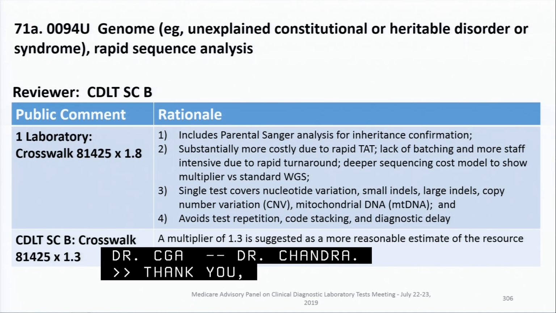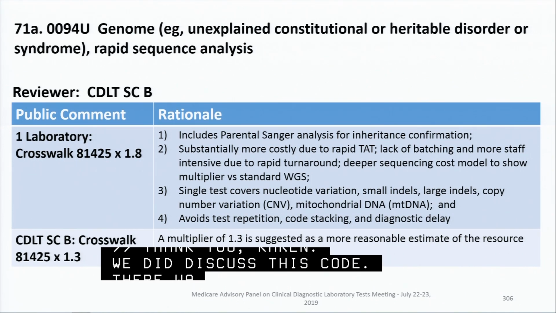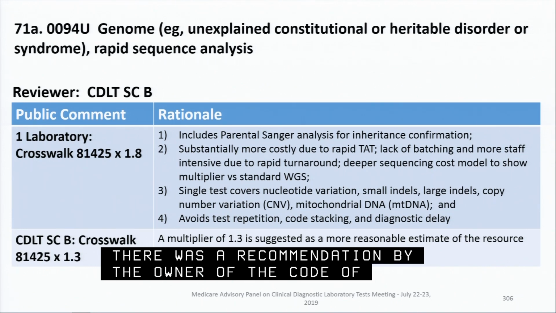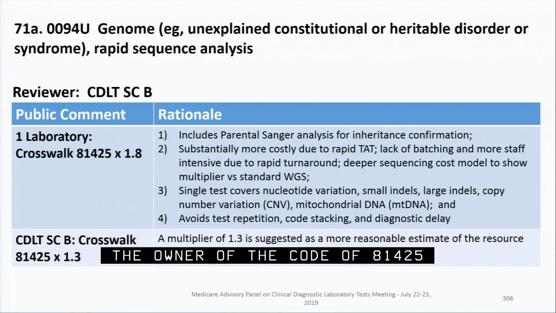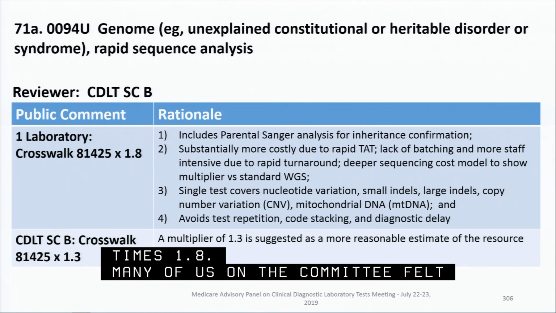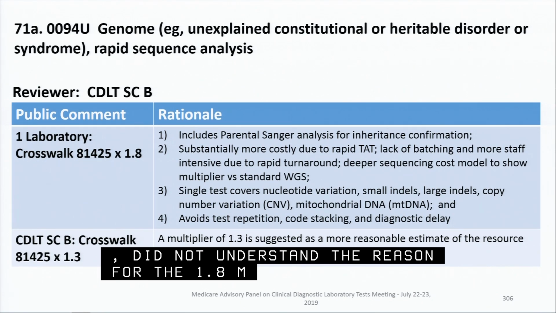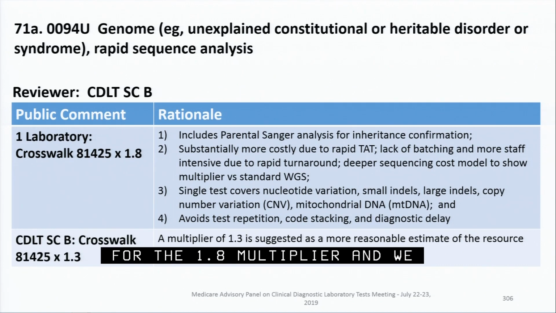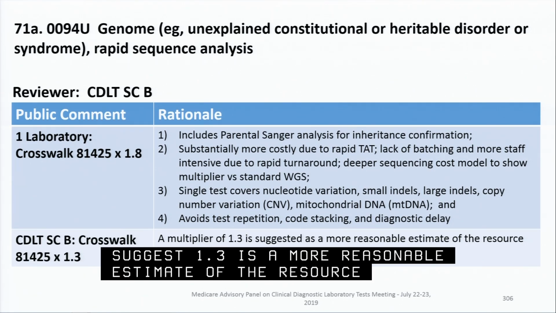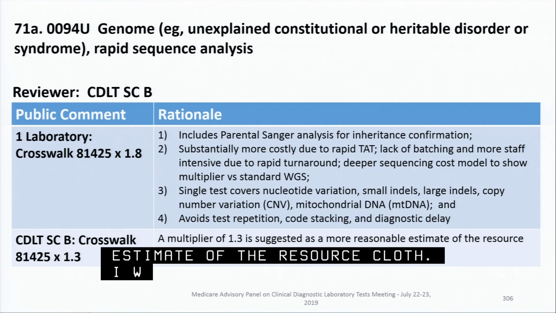There was a recommendation by the owner of the CPT code of 81425 times 1.8. Many of us on the committee did not understand the reason for the 1.8 multiplier, and we suggest 1.3 is a more reasonable estimate of the resource cost. So our recommendation is to crosswalk to 81425 times 1.3.